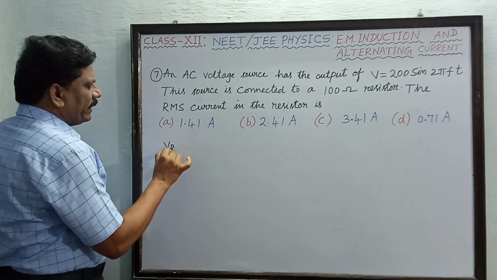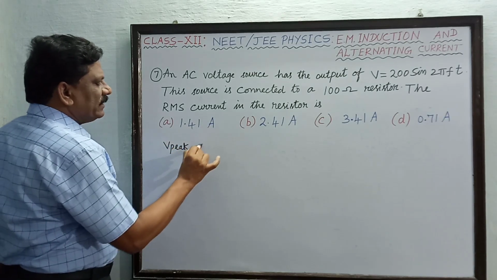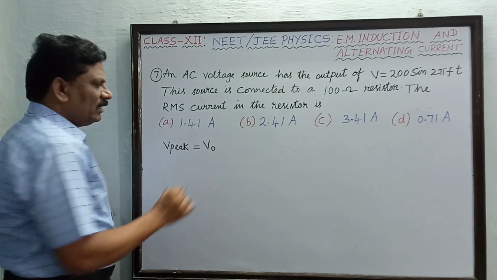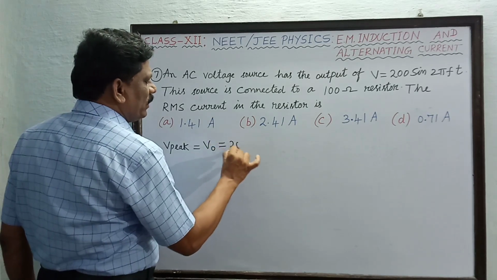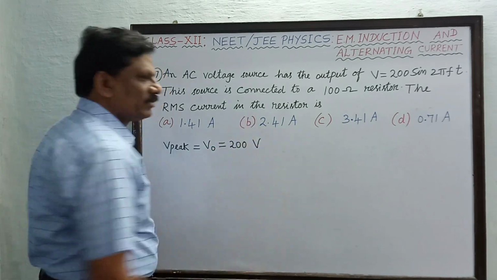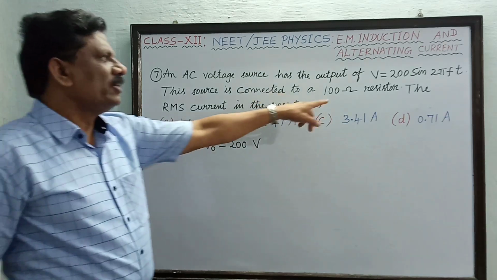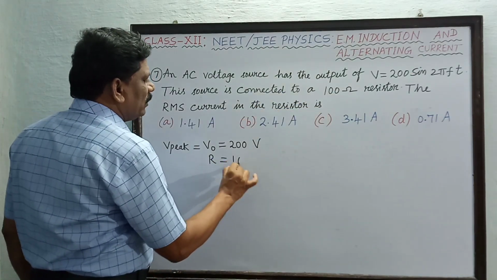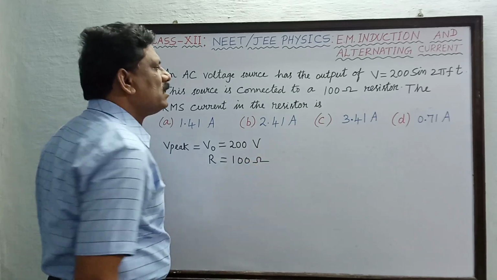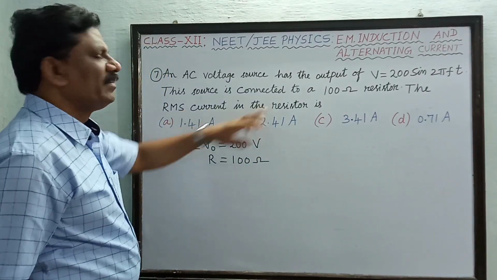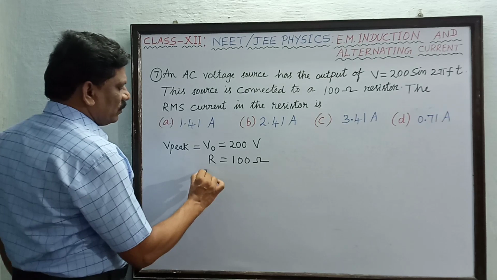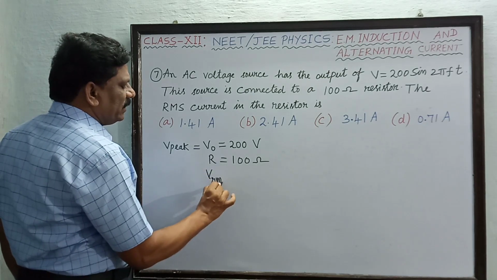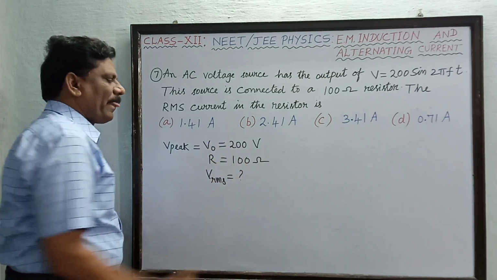The peak value of voltage is denoted by V0, and that is given as 200 volt. It is connected to a resistance R equal to 100 ohm, and the RMS value of the current is asked.